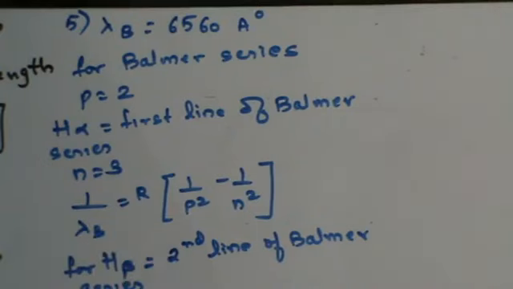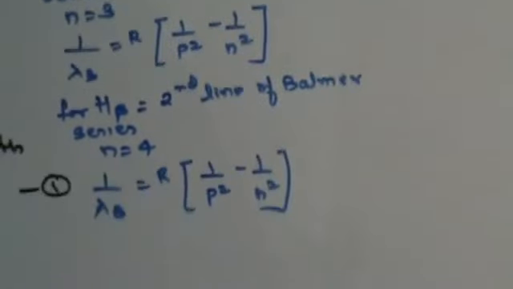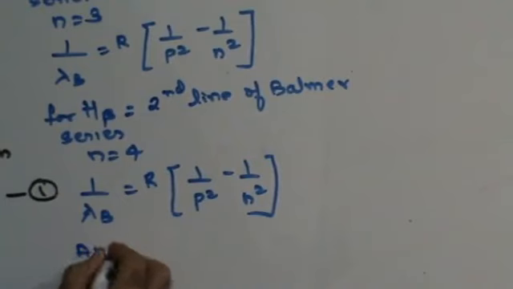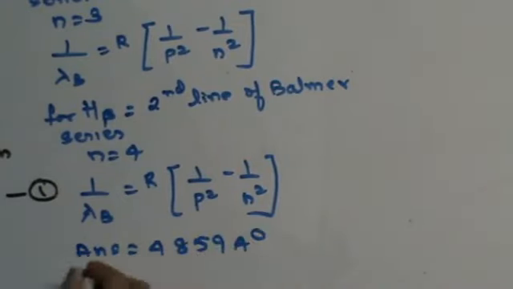So I can say 1 upon lambda beta is R times 1 upon p square minus 1 upon n square. Rydberg constant you already found out from the previous equation. You can substitute that here. So you will get the answer for this sum to be 4859 Angstrom units. Next, take on next one please.